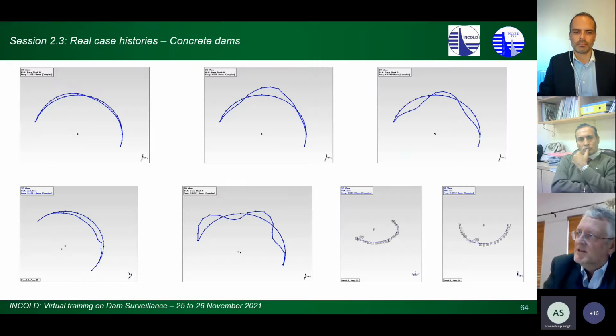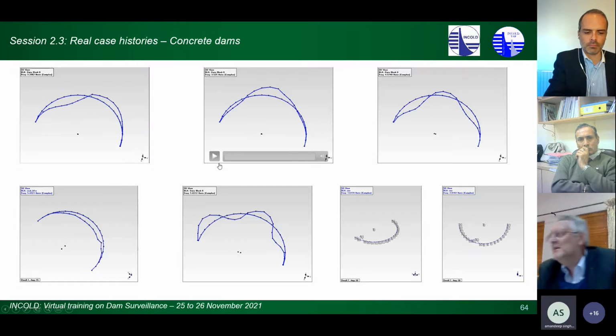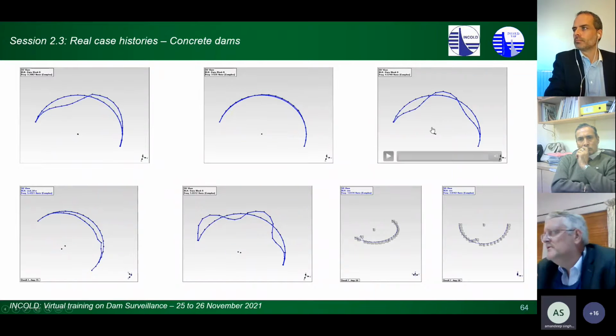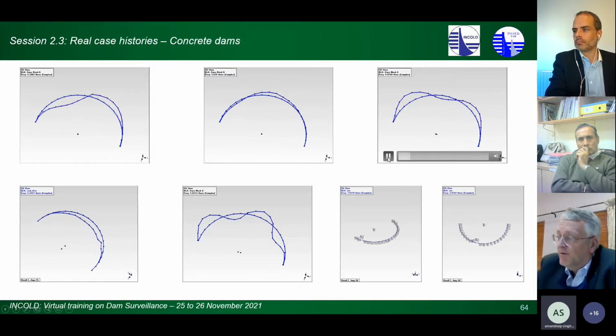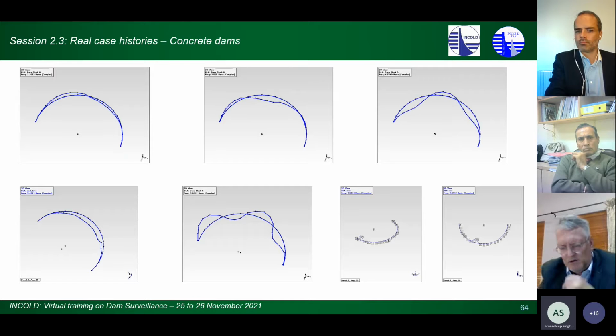We also did some AVM measurement over there, and these are your different modes. That's your first mode, your second mode, your third mode. Just of interest, we had some results on the 3D crack gauges that we could not interpret because they were moving vertically, and it did not make sense from a normal point of view.